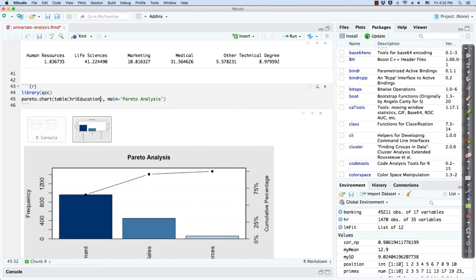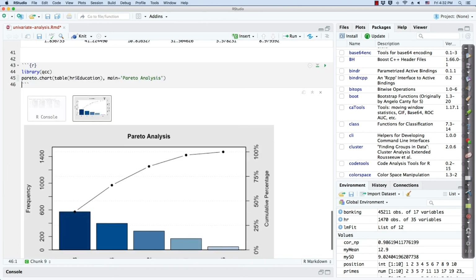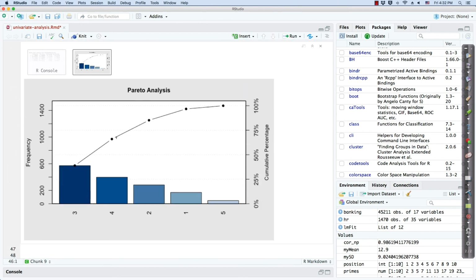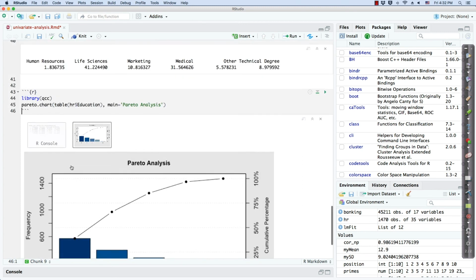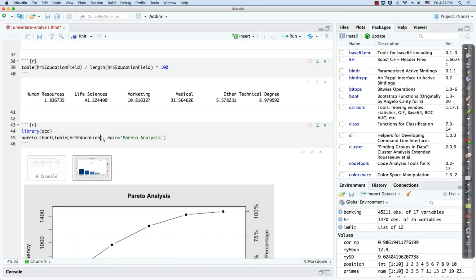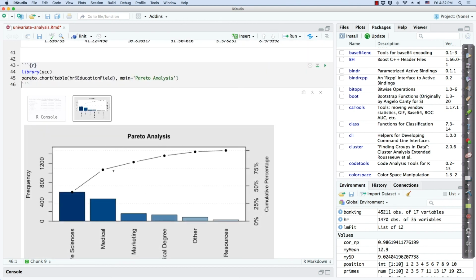When it comes to education, the education level 3 alone contributes close to 37 percent approximately. Likewise, for every categorical column we can identify the frequency of each category and what is the percentage towards the overall frequency.